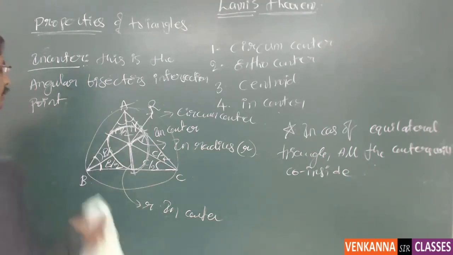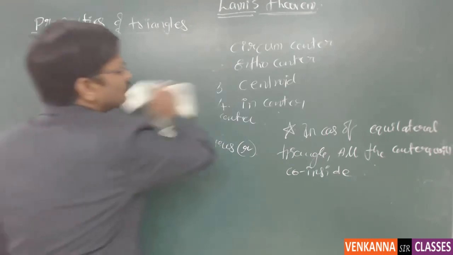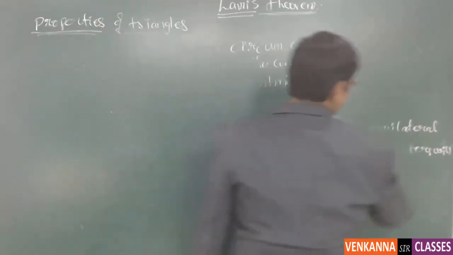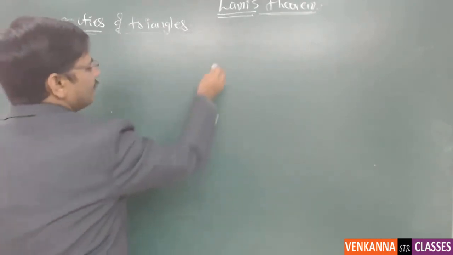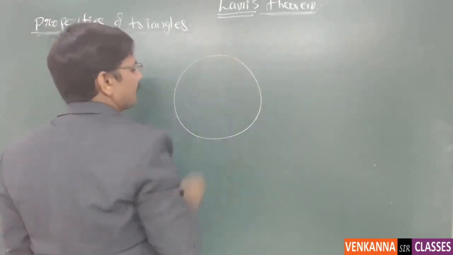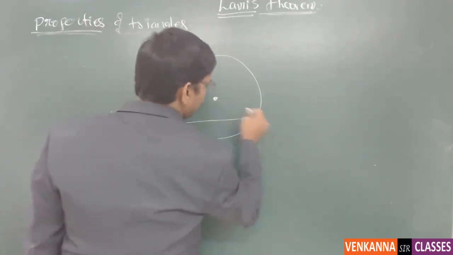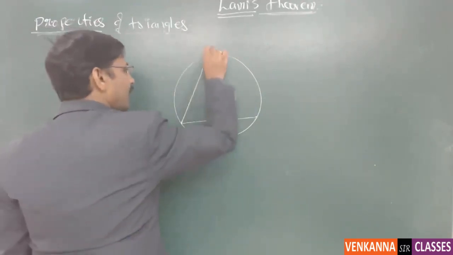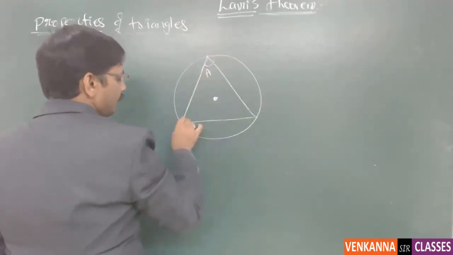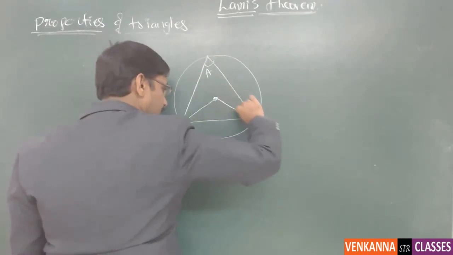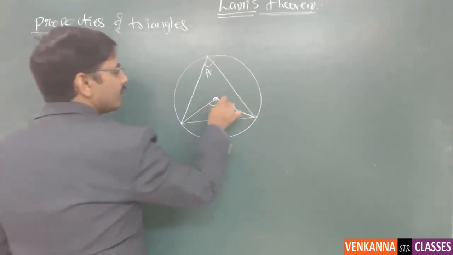Yeah, great. And one more important circle property we are going to use in case of Lami's theorem is, if you draw a circle like this, and let us say this is the center and this is a chord, then the angle made at the top, let us say this angle is A. From the same chord, if you draw a triangle like this, this angle will be how much?